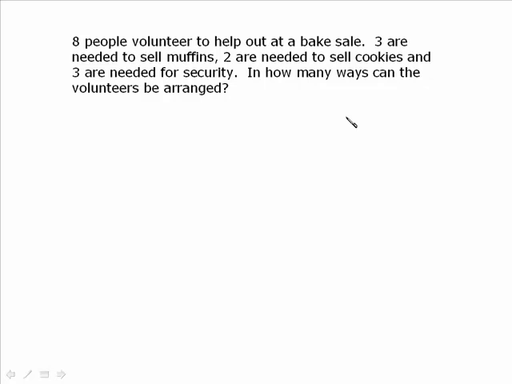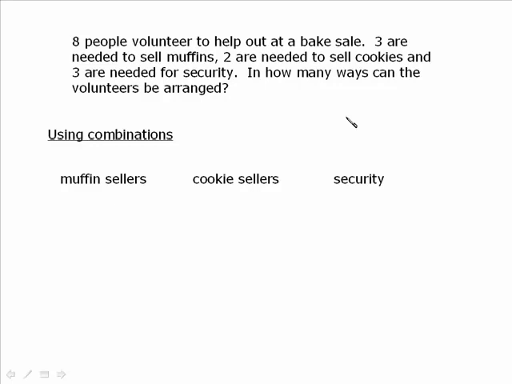So you start off with these 8 people that are in front of you, and you're going to assign them to their tasks. For the muffin sellers, using combinations, we would find those 3 people. Then we would go on to the cookie sellers and assign 2 of them to cookies, and then the 3 remaining people would be assigned to security.